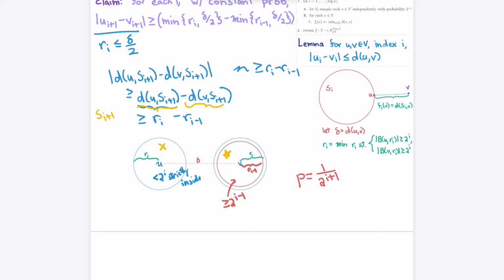We're trying to prove that this happens a constant fraction of the time. So ignore delta. I'm in the regime where Ri is smaller, and I'm just trying to prove something relative to Ri over 2, Ri and Ri minus 1, sorry. And then remember that at the end, all the Ri's will add up, and it's okay.